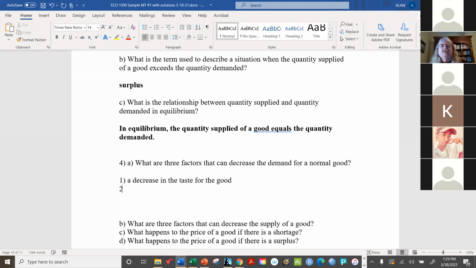Like tobacco, that's our classic example. Tobacco is considered to be a normal good because people would tend to smoke more when they had more money to spend. But because of all the research that shows how bad smoking is, in recent years the demand has dropped, and that's because what we would call the taste for tobacco is less than it used to be.